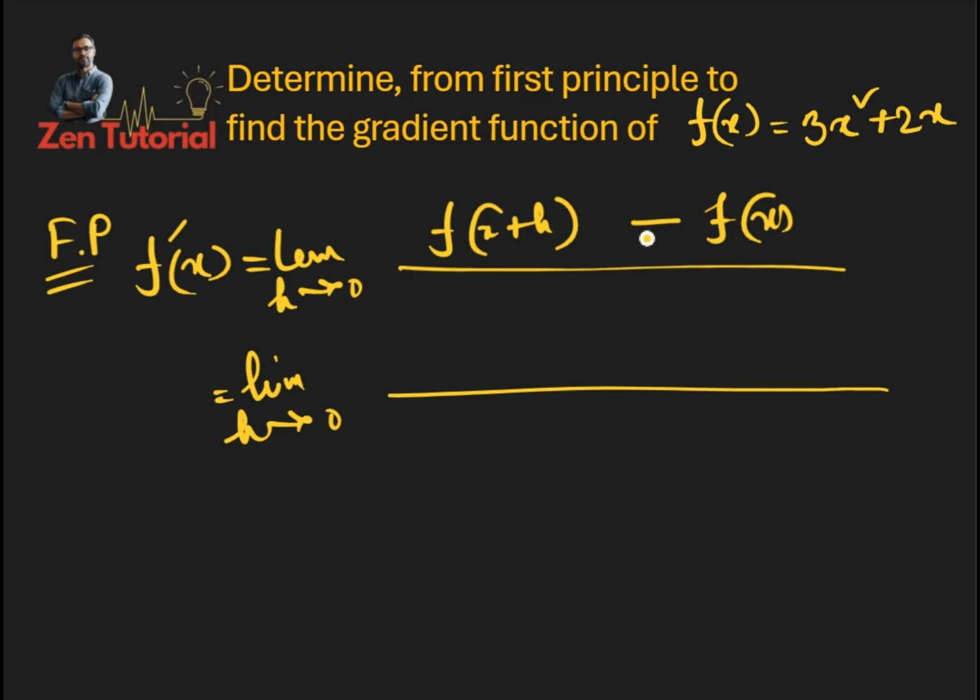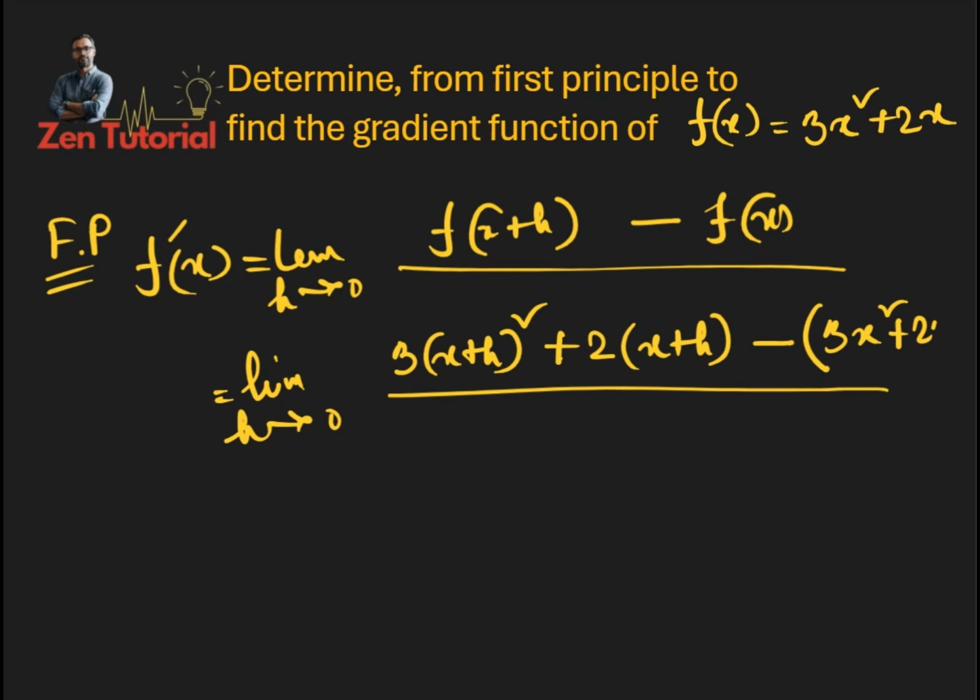Here the function f of x plus h, so let's plug in the value of x plus h instead of x. So here 3 times x plus h whole square plus 2 times x plus h minus, let's use the first bracket, the function f of x means 3x square plus 2x, and of course here h.